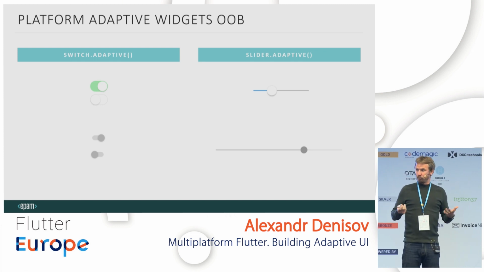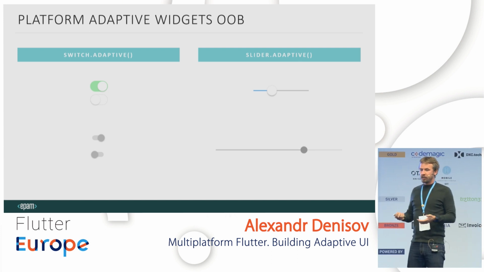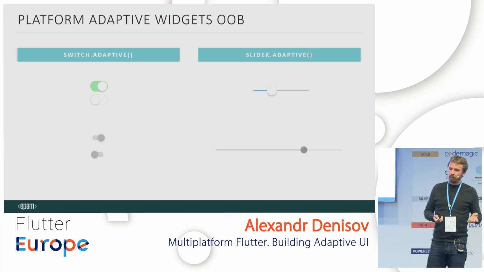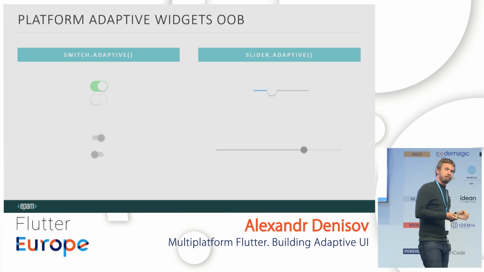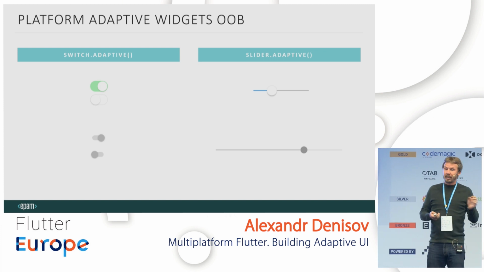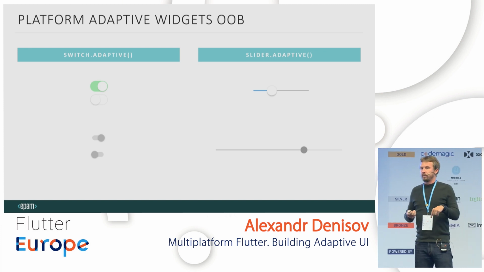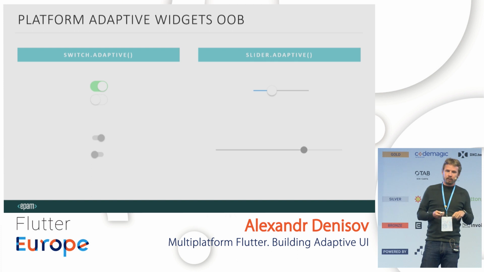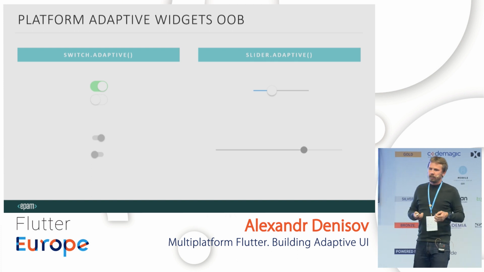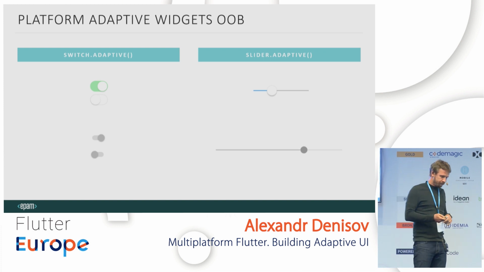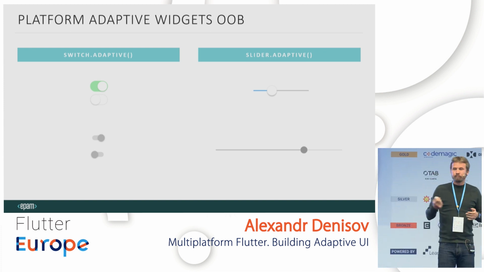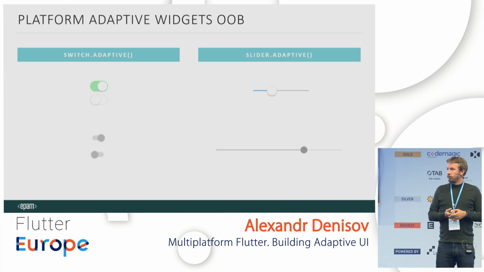It's enough to use this constructor, and you will have different UI on iOS and on Android. Actually, if you take a look inside the implementation of this constructor, you will see that there is the same that we did on the previous slide, but it's implemented.